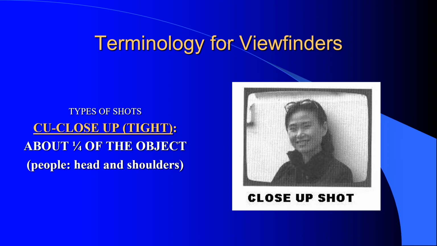Then the close-up shot, sometimes called the tight shot, includes basically just head and shoulders. These are usually the close-up shots when you have dialogue in films, and this is the shot used for anchors in newscasts. So all you're including is the shoulders and the head of the subject.